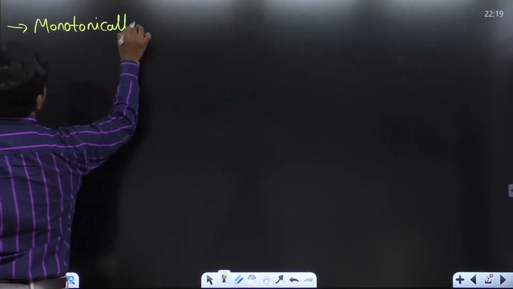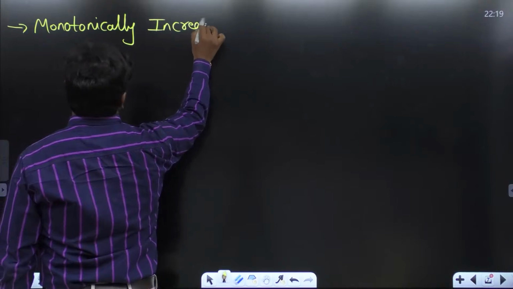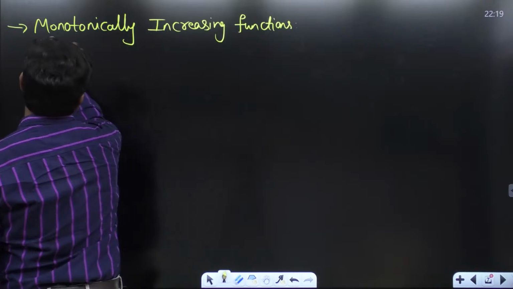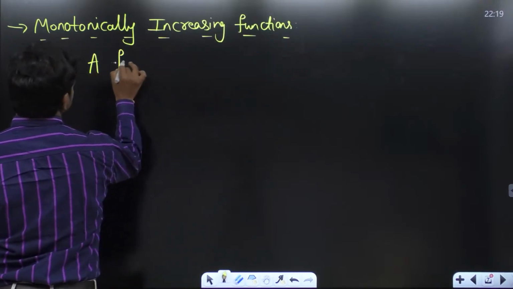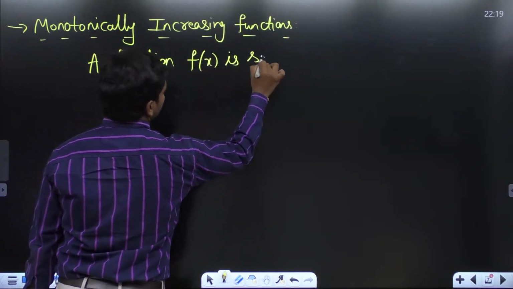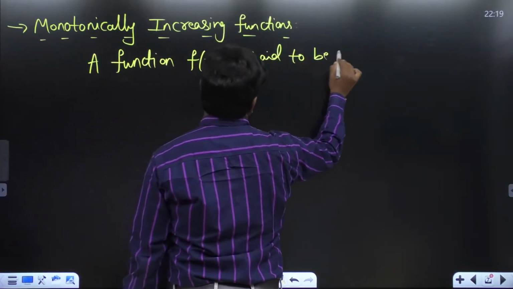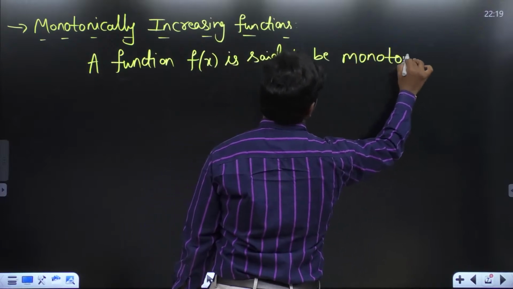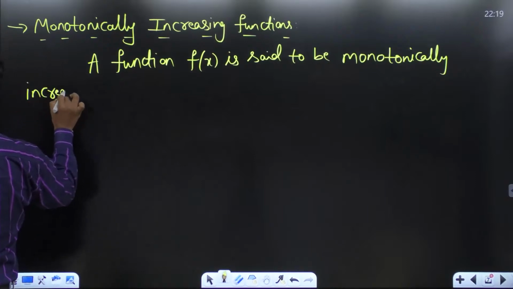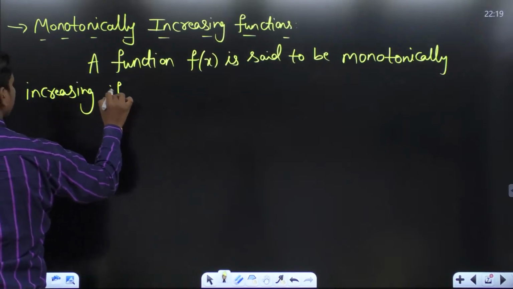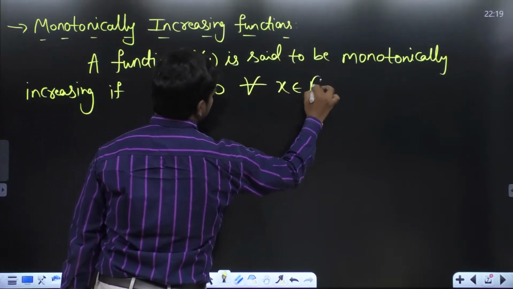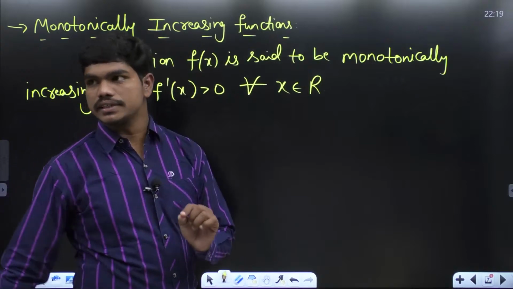A function f of x is said to be monotonically increasing if f dash of x is greater than 0 for all x belongs to R, meaning at any point on the real number axis, its derivative will be positive.